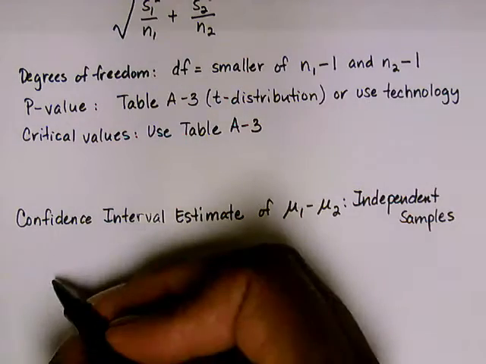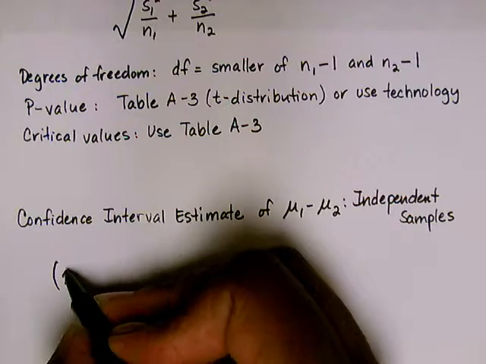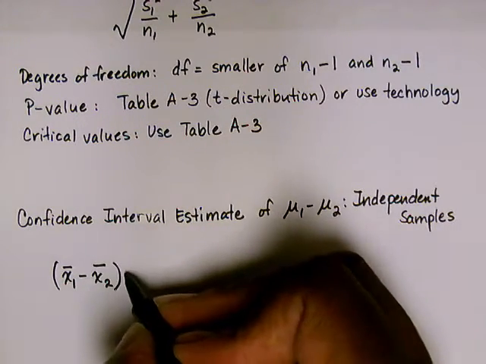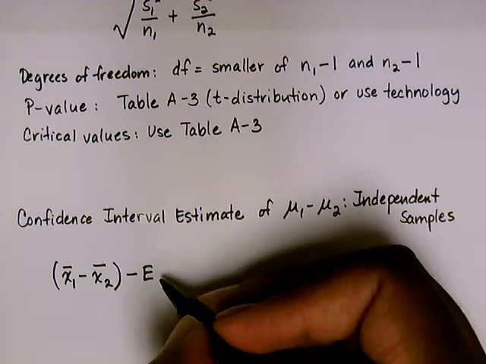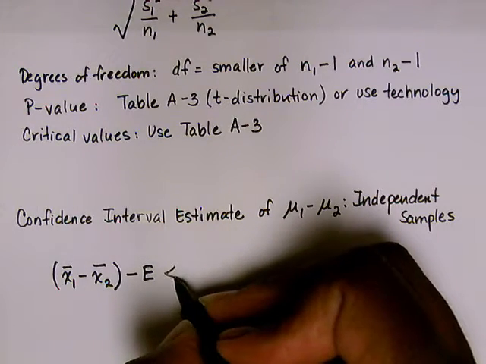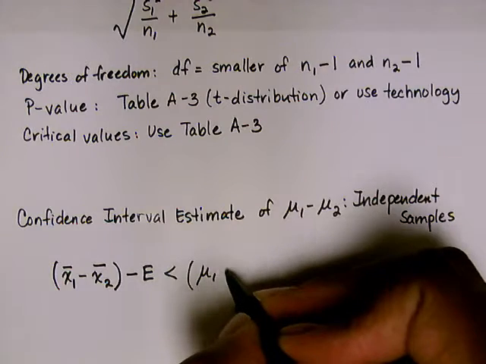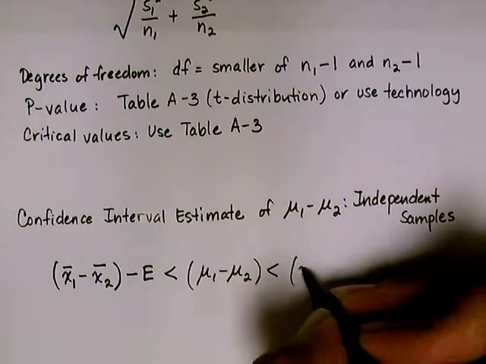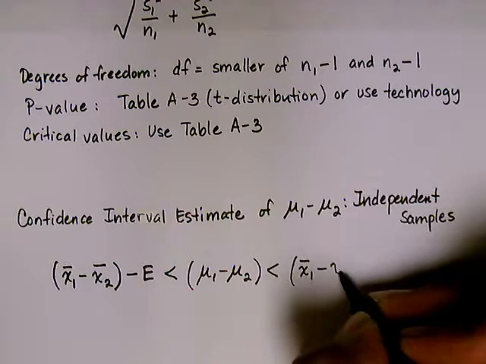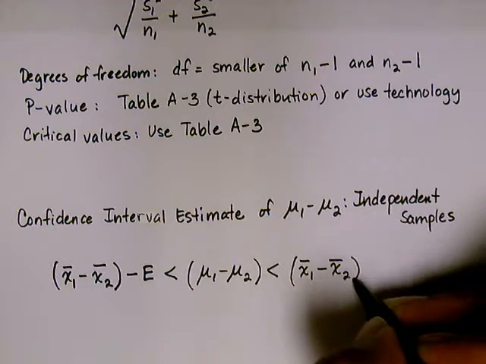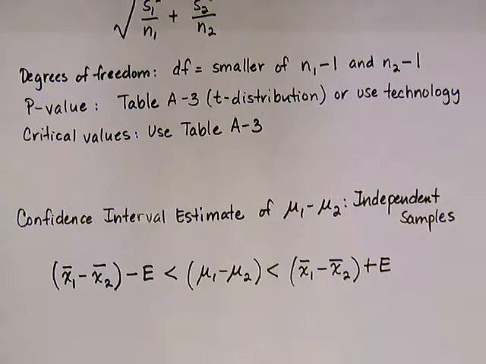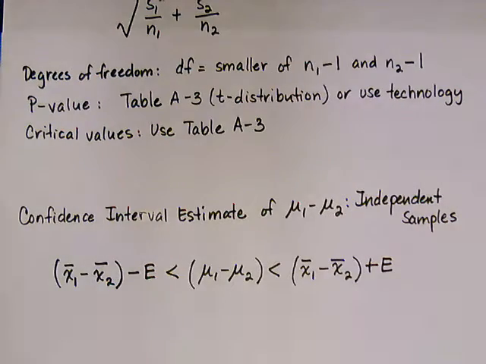And that confidence interval format is this: x1 bar minus x2 bar minus e, again, e is your margin of error, is less than mu1 minus mu2, and less than x1 bar minus x2 bar plus e. Okay. So that's going to be the format for your confidence interval estimate.